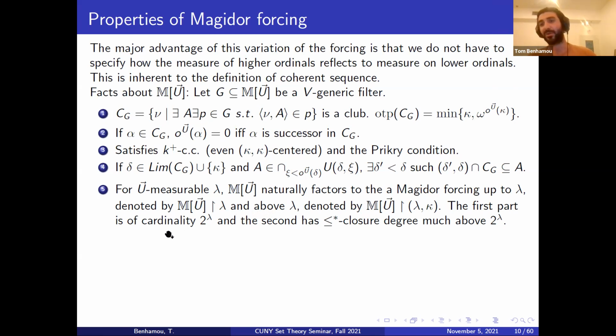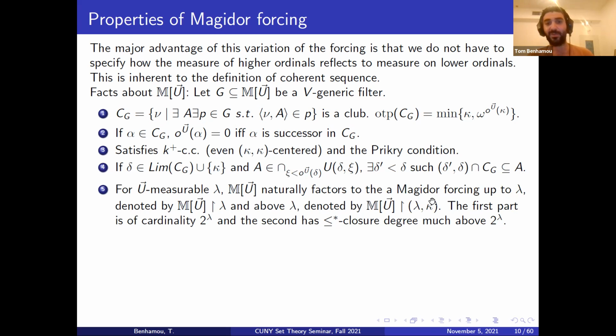Simply take all the pairs where the ordinals are below lambda, including the pair where lambda appears. This gives you a condition in the forcing I denote by MU restricted to lambda. It's basically a Magidor forcing up to lambda, and it produces a Magidor sequence up to lambda. The second part is just the pairs of ordinals above lambda. This belongs to a Magidor forcing in the interval lambda to kappa, so it produces a Magidor sequence in the interval lambda to kappa.